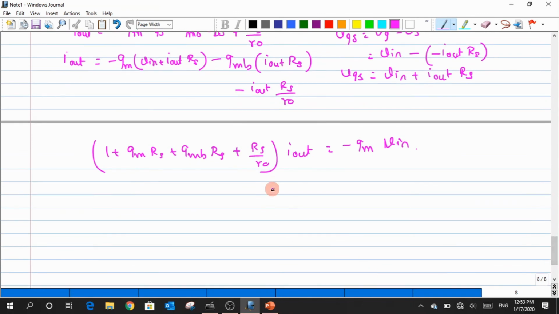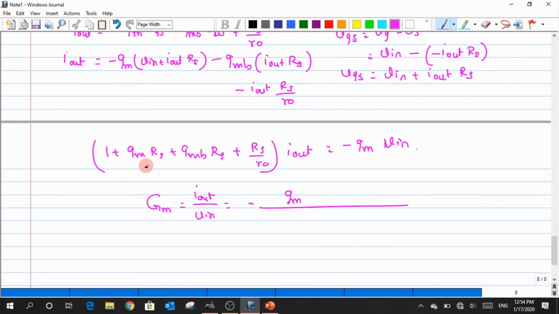Now I have to evaluate I out by Vin, and that is nothing but my capital Gm, which returns minus gm divided by the whole lot of this expression. This entire quantity that I have as a denominator, the one is a number. What is the product of gm and RS?